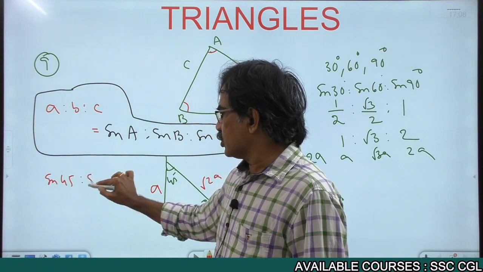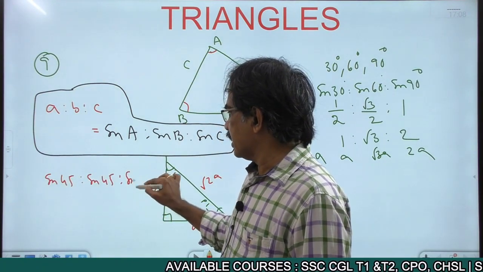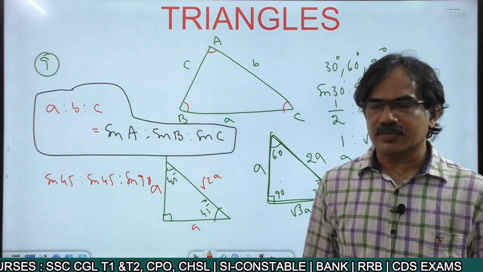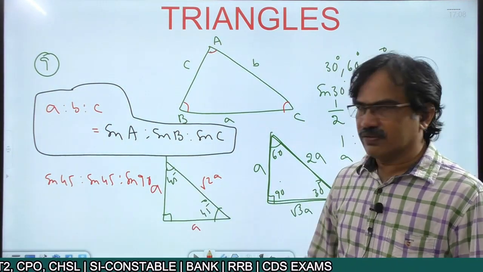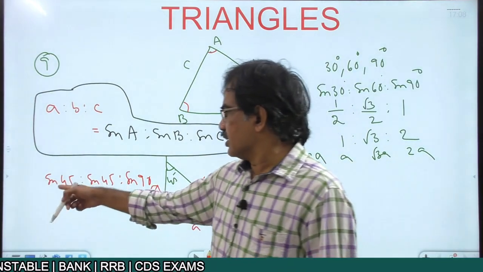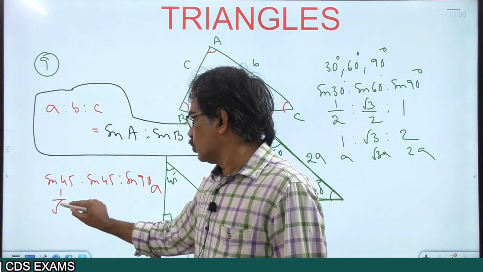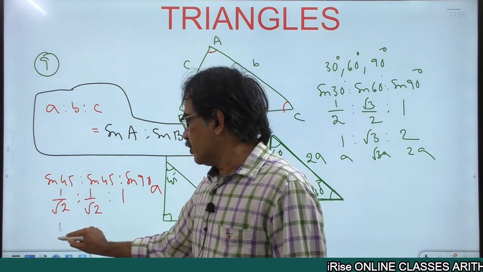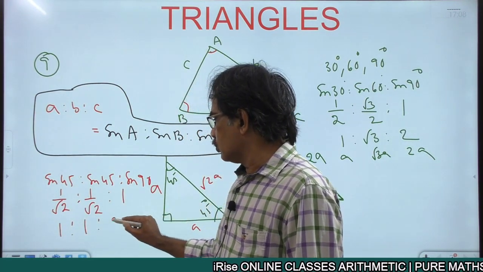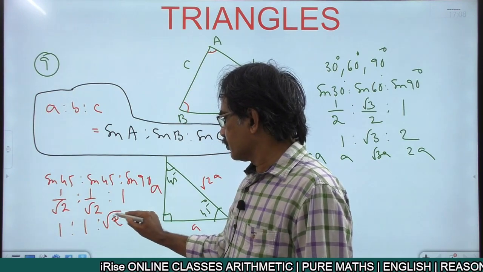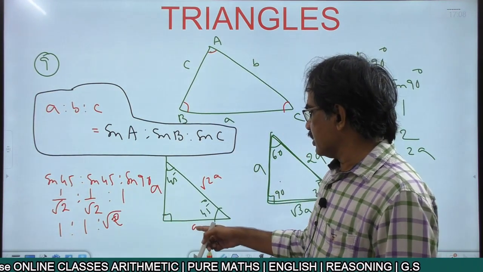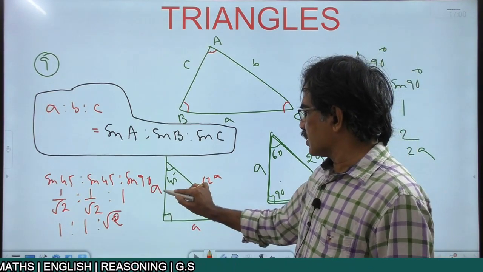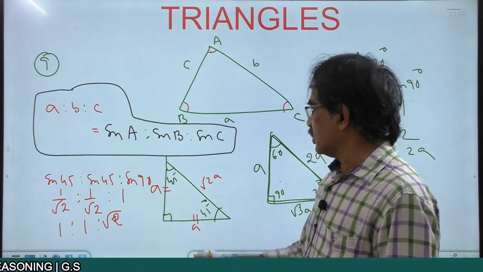Sin 45 is to sin 45 is to sin 90 is the ratio of sides. Sin 45 is 1 by root 2, is to 1 by root 2, is to 1; multiplied by root 2, 1 is to 1 is to root 2. If this is a, this is also a, and this is root 2 a. If two angles are equal, opposite sides are also equal. This side is equal to this side.